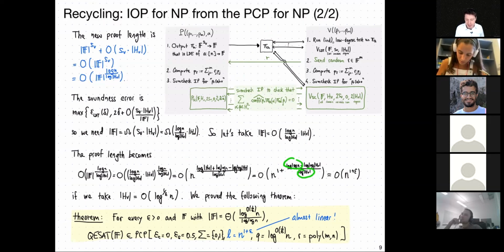Now, this simple example already has the hallmarks of basically every interesting IOP, okay? Roughly, in every IOP construction that I know of, what's happening is you essentially have randomized reductions from one problem to another. And rather than telling the prover, please consider all possible outcomes of the randomized reduction, the verifier tells the prover, look, I'm interested in this randomness.